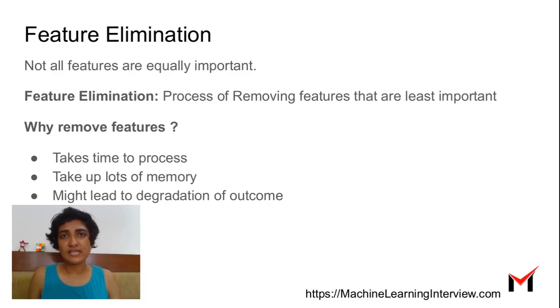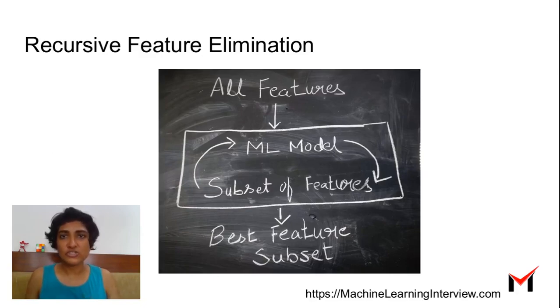You might have seen many techniques for feature reduction, such as PCA or correlation analysis and so on, to reduce the number of features. Recursive feature elimination is yet another technique that is often used to reduce the number of features.